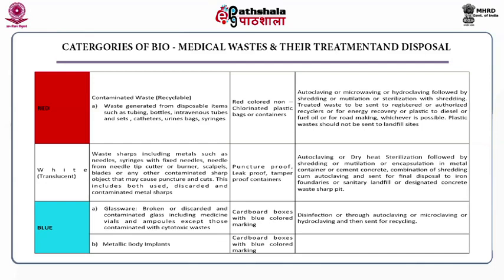Autoclaving or dry heat sterilization followed by shredding or mutilation or encapsulation in metal container or cement concrete, combination of shredding cum autoclaving, and sent for final disposal to iron foundries or sanitary landfills or designated concrete waste sharp pit.